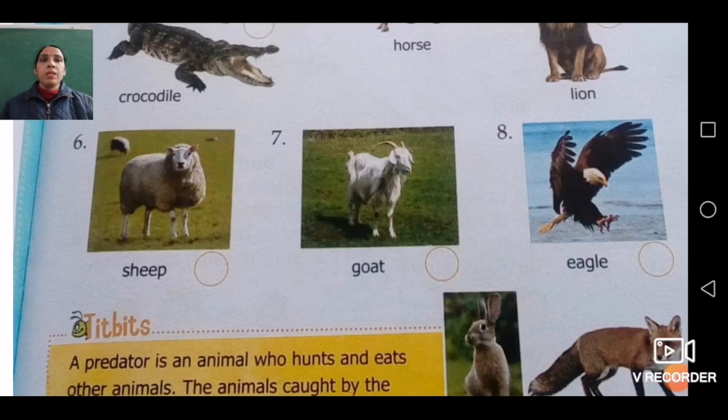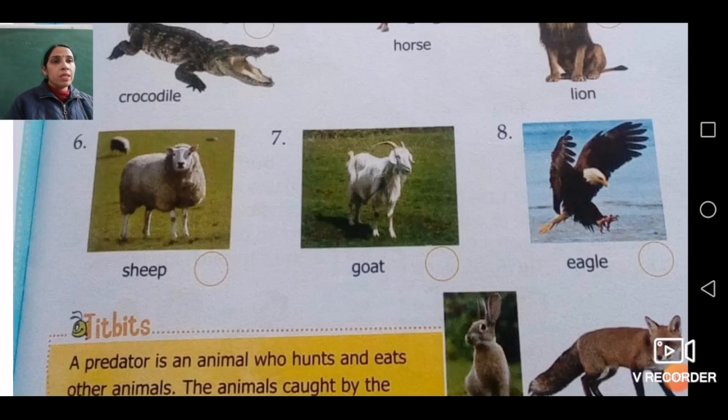So sheep is in the category of leaves and grass. Number 7, goat. Goat again is an example of a herbivorous animal, loves to eat grass and leaves. So goat is an example of a herbivorous animal.